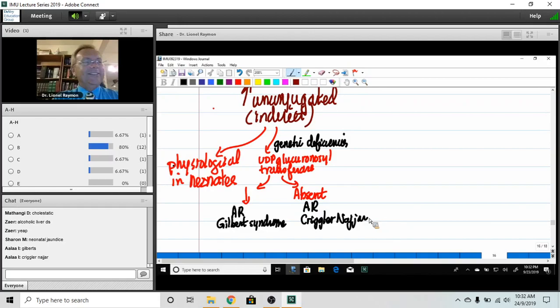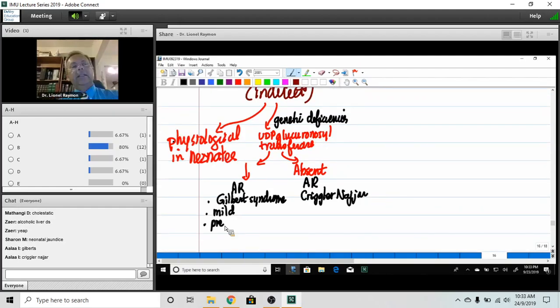Now, in Gilbert syndrome, it's really mild, and essentially it's a healthy individual, and it's precipitated by stress, like physical stress, infections, anything where there's going to be increased release of heme-containing protein.